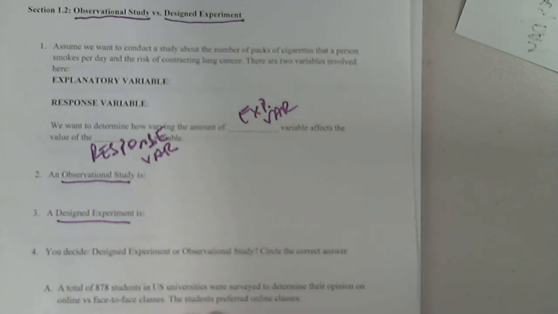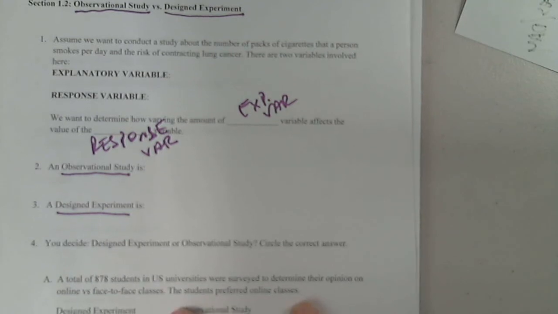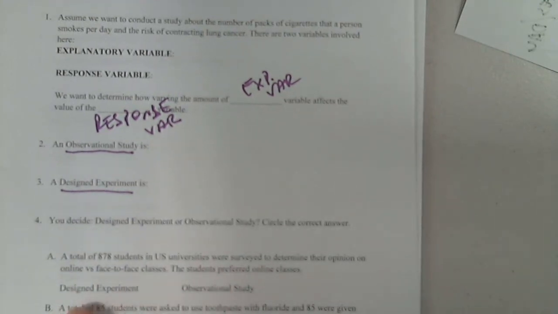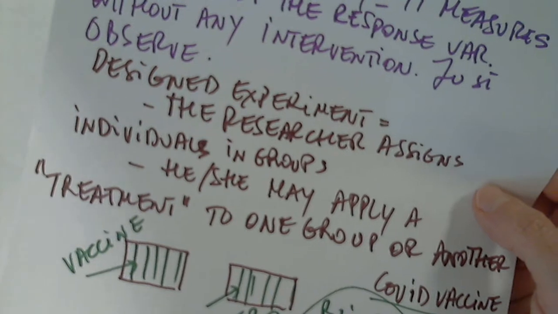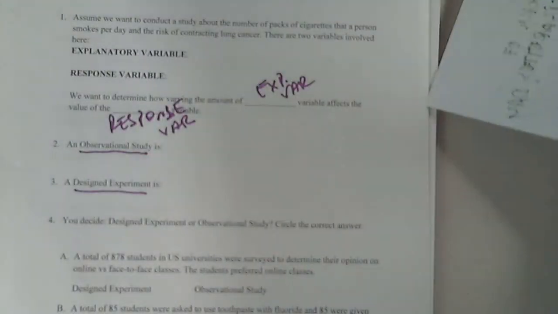The result, the students prefer the online classes. Do you think that this is a well-thought, well-designed experiment in which the researcher separates students, records their progress, maybe gives them a treatment, etc., or an observational study?